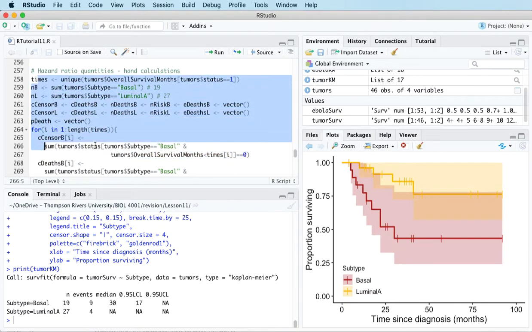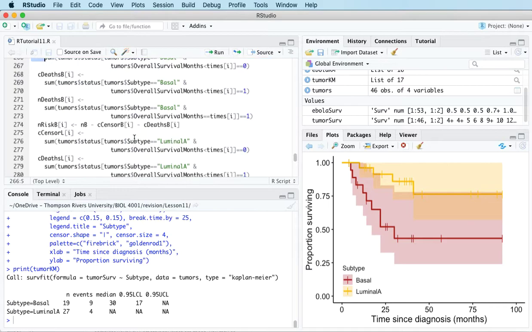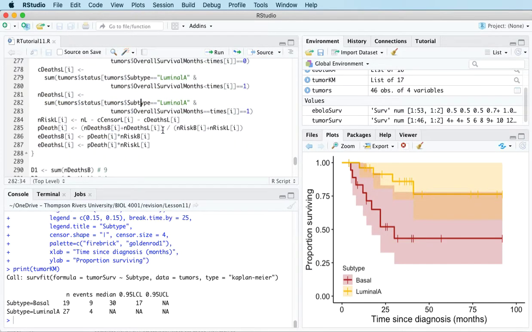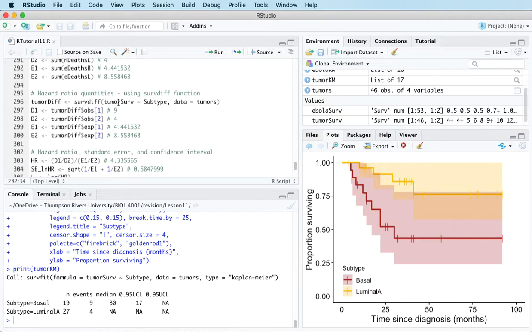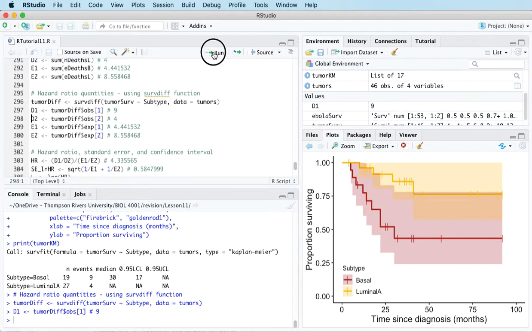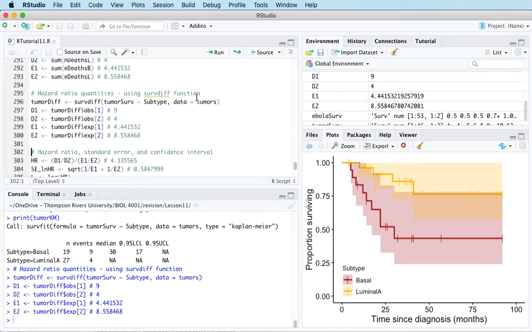But in practice, you wouldn't do these hand calculations like this. This is purely for learning. In practice, we can instead use the survdiff function and pick off these four numbers here.